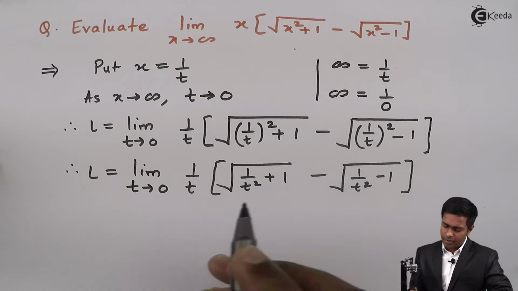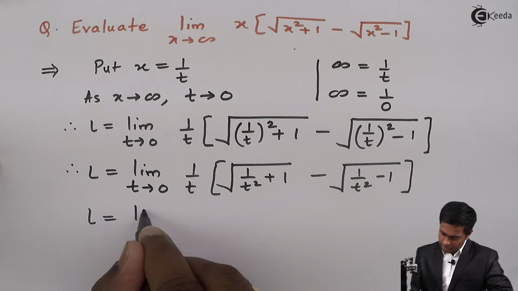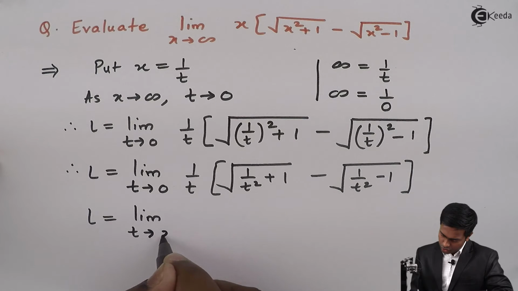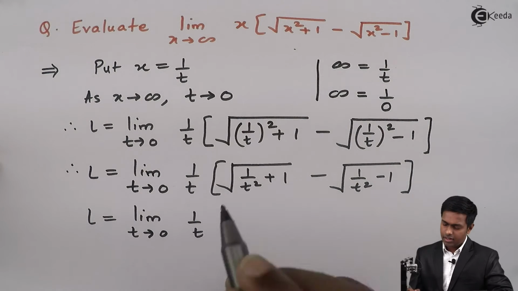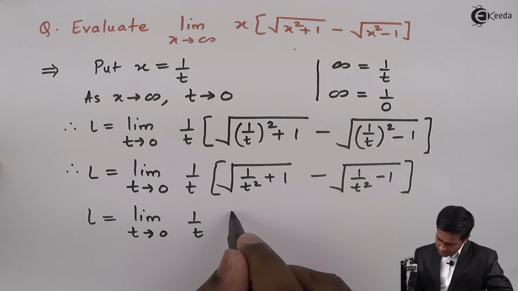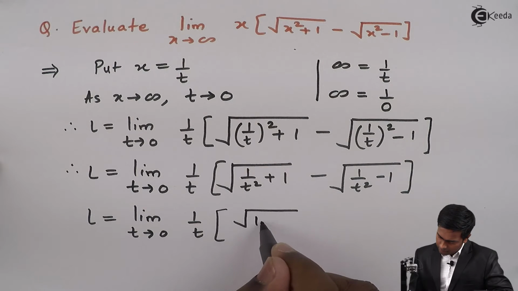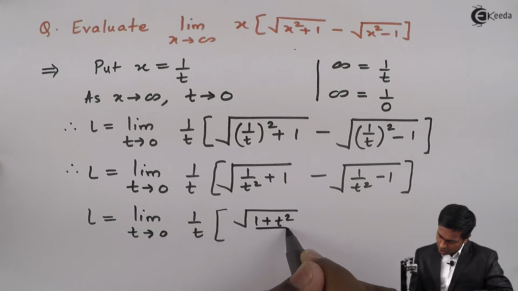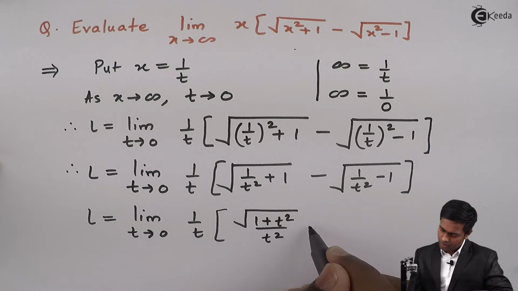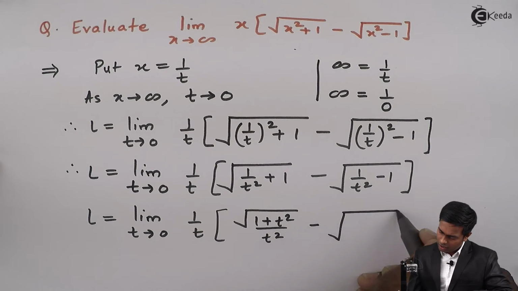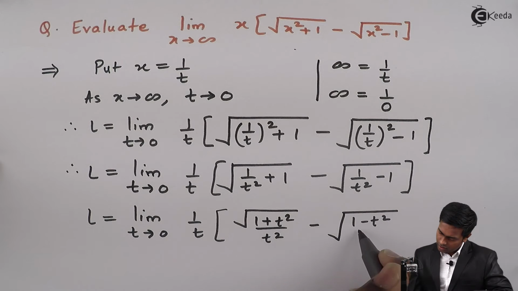So after taking LCM, we get L as limit t tends to 0, 1 upon t as it is, times square root of 1 plus t square upon t square minus square root of 1 minus t square upon t square.